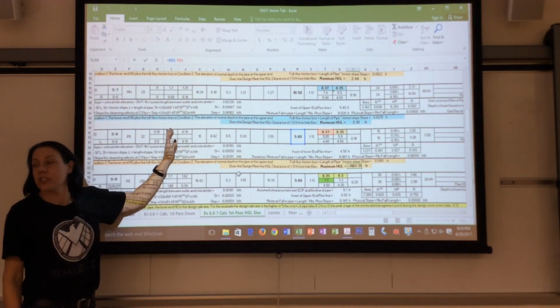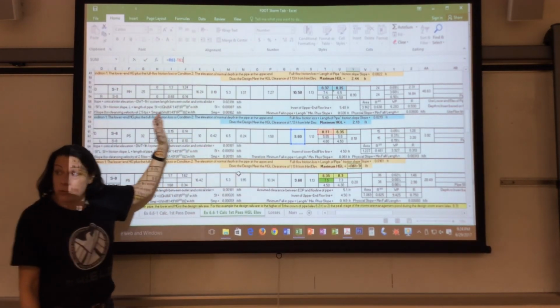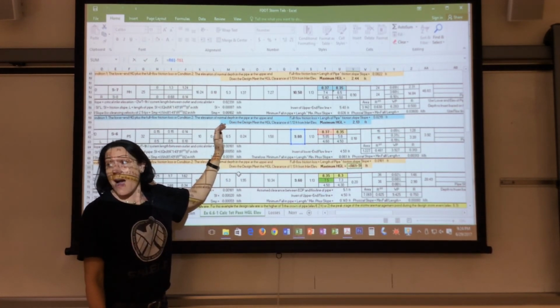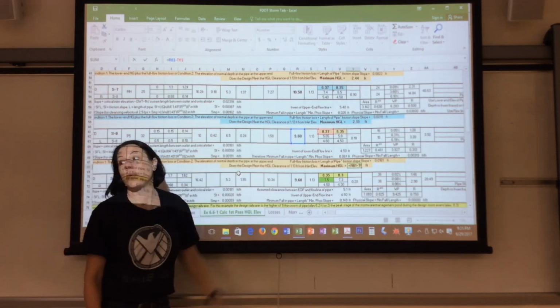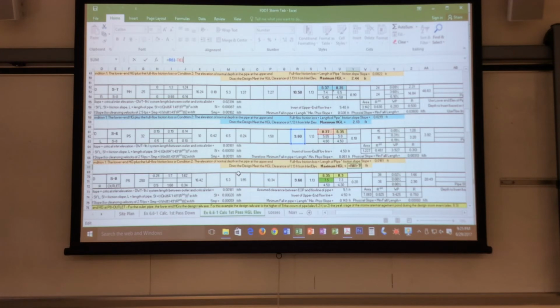It changes how long it takes to travel in the pipe, which changes the time of concentration, which makes you go back to the IDF curve to get a new I. I times CA is going to give you a new Q. So this one's going to be small enough that the intensity duration is only a hundredth of a change. Your time of concentration is only like tenths of a minute. So your IDF doesn't change your Q value too much.